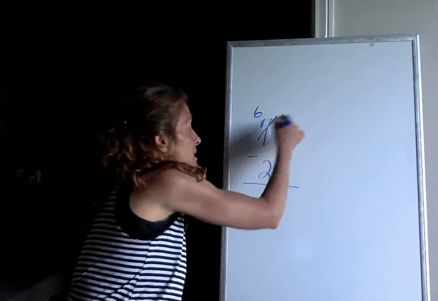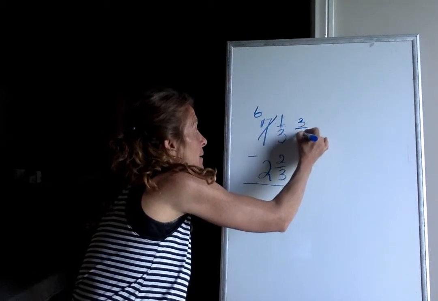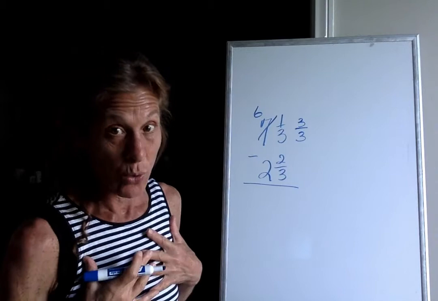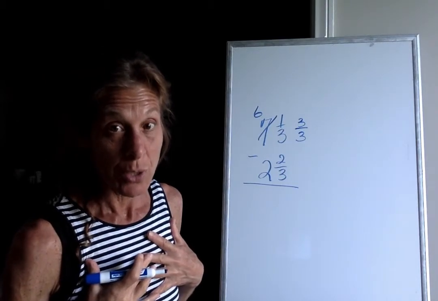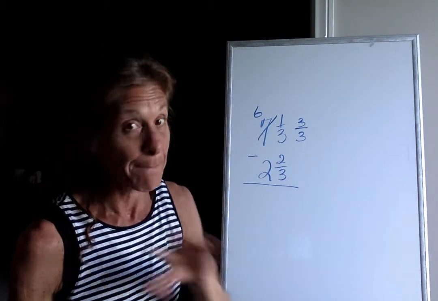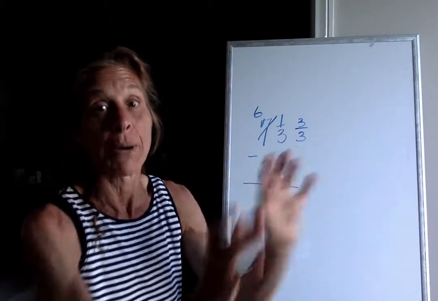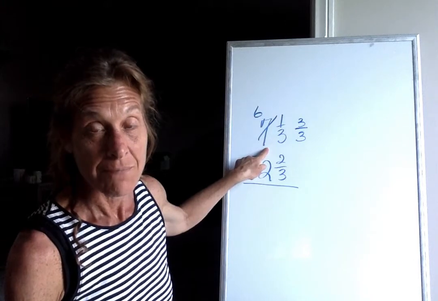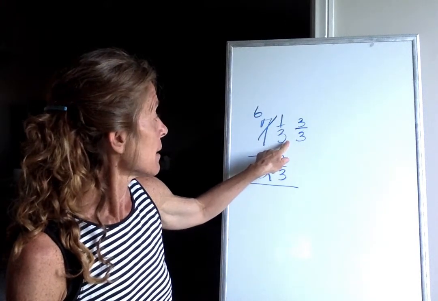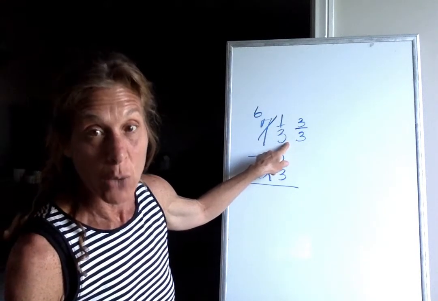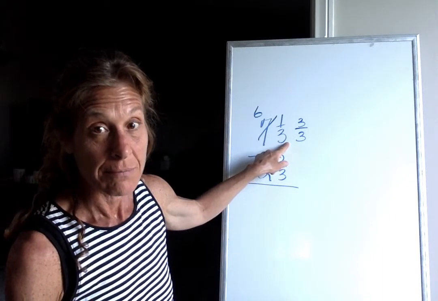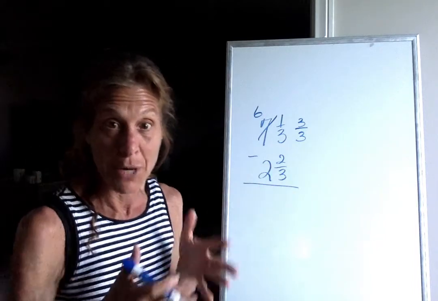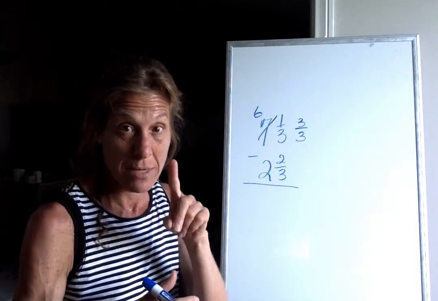So I'm going to slide 3 thirds. Remember, when we borrow in the fraction world, we're borrowing a fraction. We're not borrowing a whole number. We're borrowing a fraction. So this is a 7, but we're borrowing 3/3, because 3/3 equals 1. But I need to borrow the fraction of that 1.